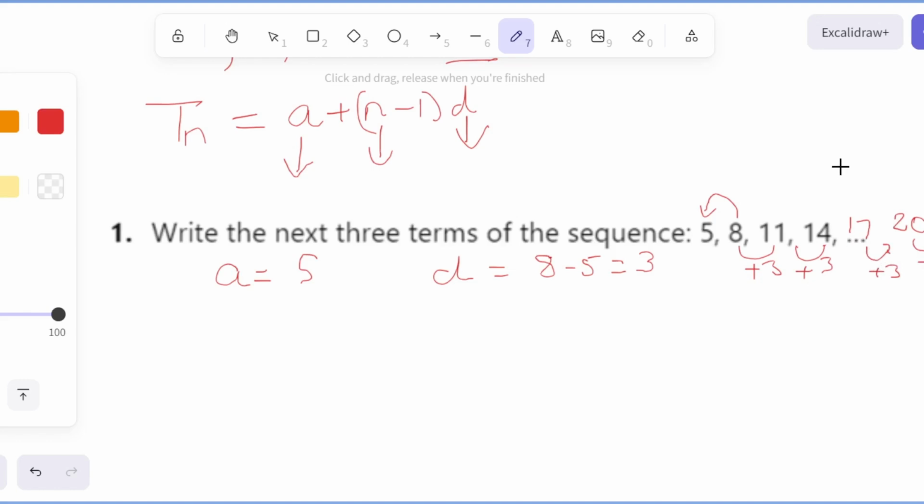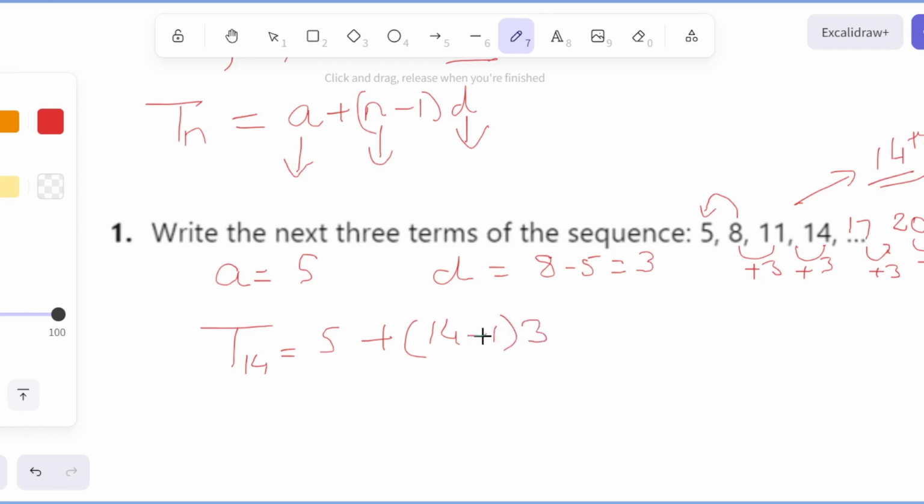But the question comes when, for the same question, I ask you what will be the 14th term. We can't keep writing like this, right? For that, we can use the general term formula. The 14th term will be equal to a, whose value is 5, plus instead of n, you write 14, so 14 minus 1, times d. And what is d? d is 3.